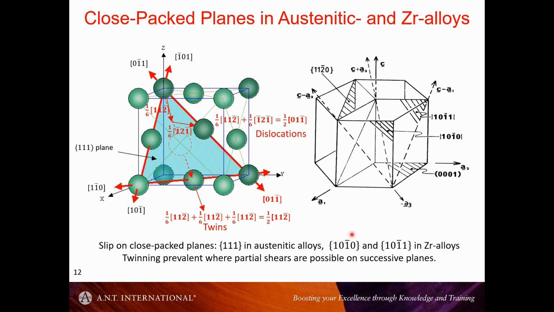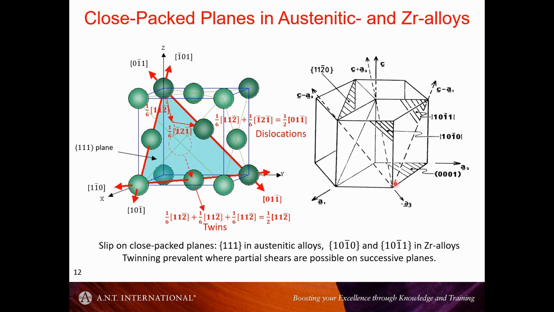Here's a schematic showing the hexagonal unit cell. I apologize that I'm coming at this in reverse, but when you pull a crystal of zirconium along the C-axis, you will excite slip on these planes.